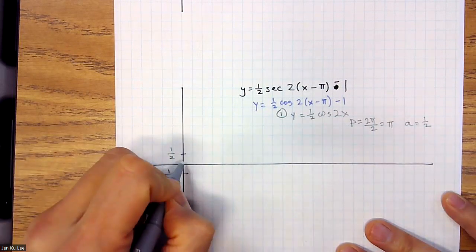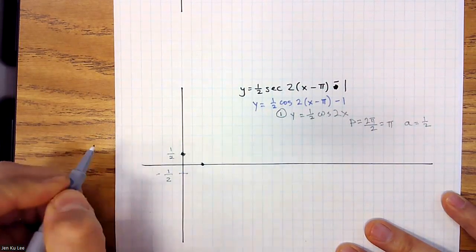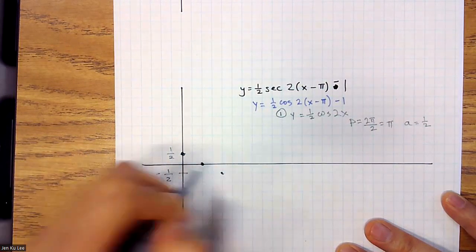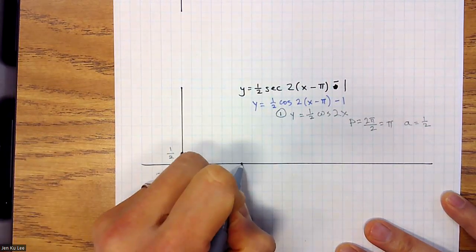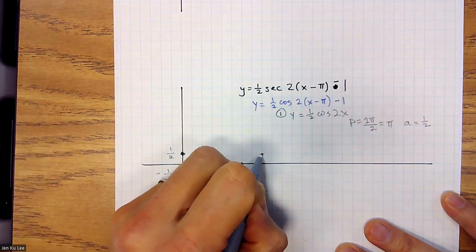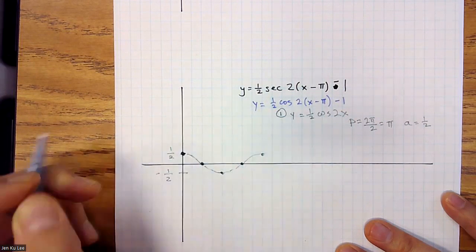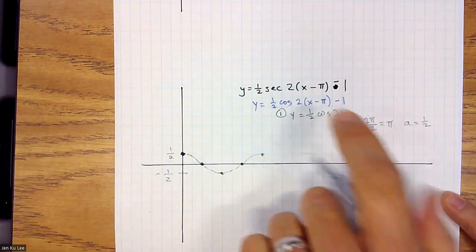So it's cosine. So I know it's going to start off at 1/2. 2 units over 0. 2 units over negative 1/2. 2 units over 0. 2 units over at 1/2. Right? So this graph here is this function here.